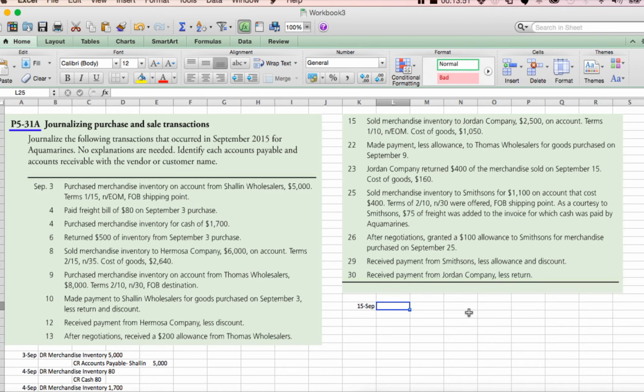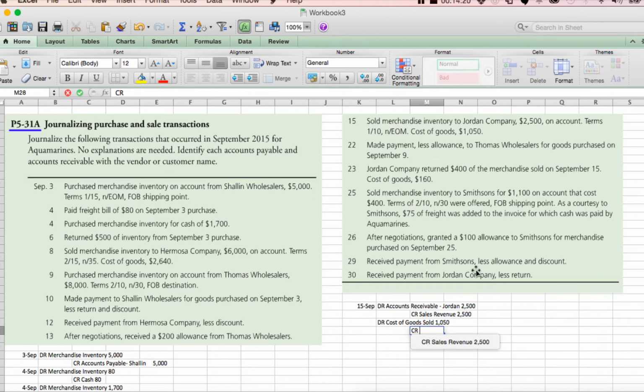So we're going to debit accounts receivable, Jordan, for $2,500. We're going to credit sales revenue for $2,500. We're going to debit cost of goods sold for $1,050. And we're going to credit merchandise inventory for $1,050.